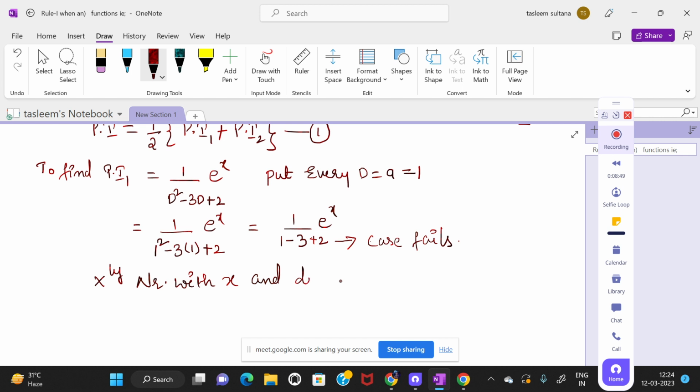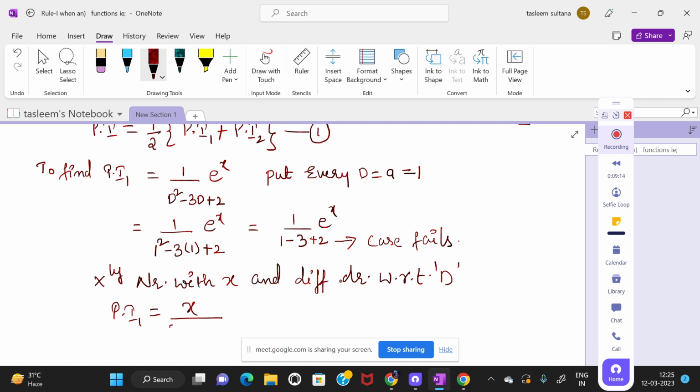and differentiate the denominator with respect to d. Your pi1 equals x divided by, now you're going to differentiate this d square. D square differentiation is equal to what? 2d.